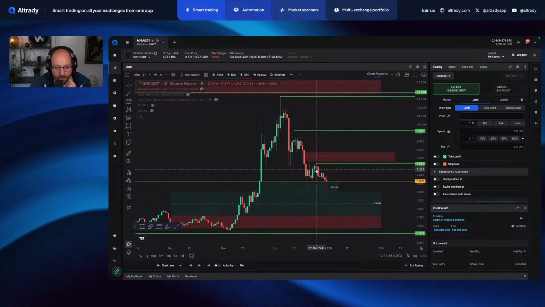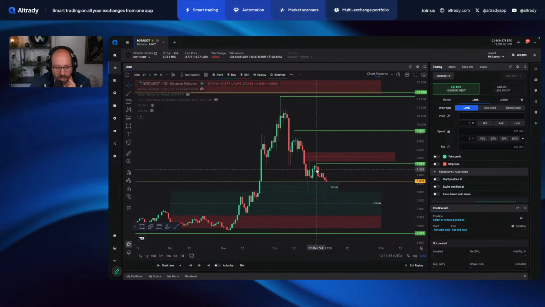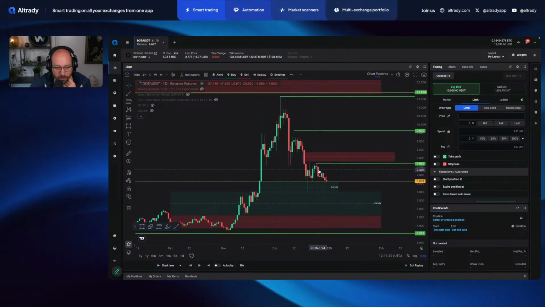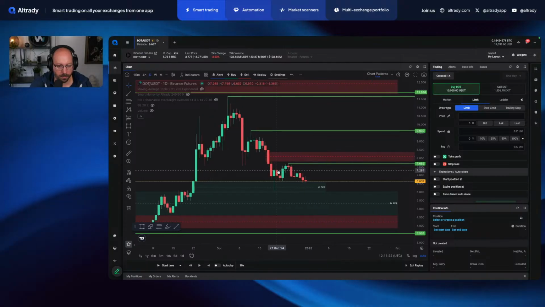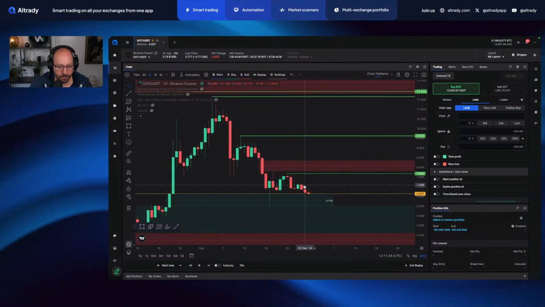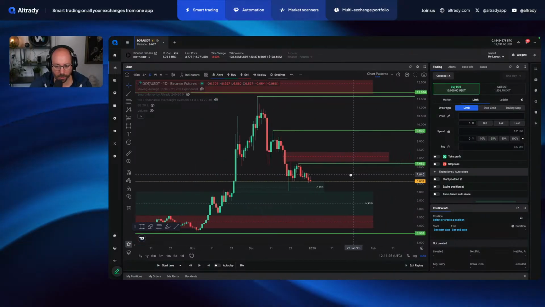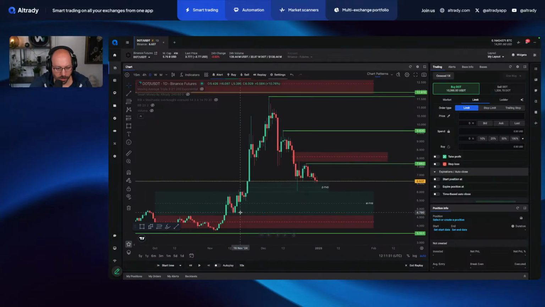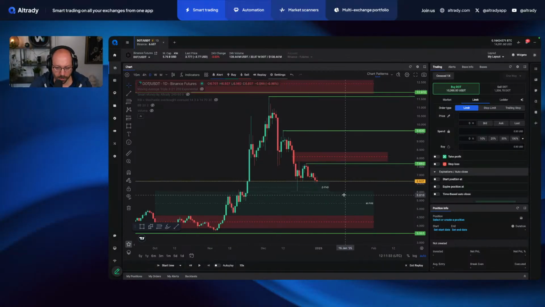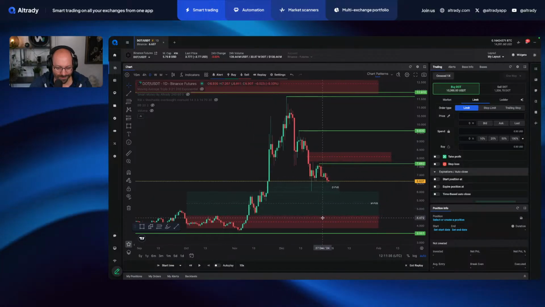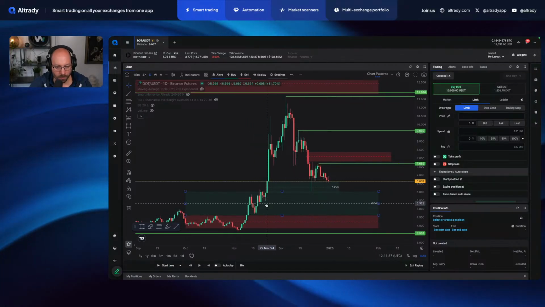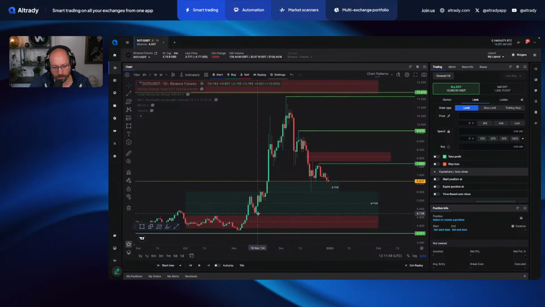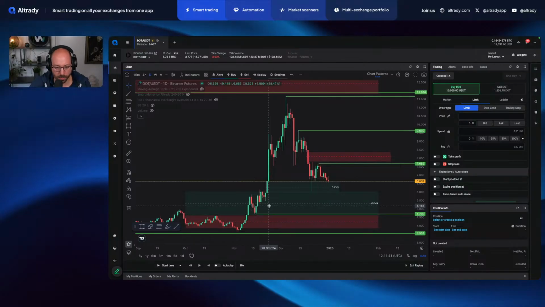There might be a 4-hour fair value gap here because there's a slight, mild daily one. Yeah, it's possible. We'll see it on the smaller time frame. These are liquidity things, but there's the fair value gap as well. I can mark them as liquidity, I suppose.